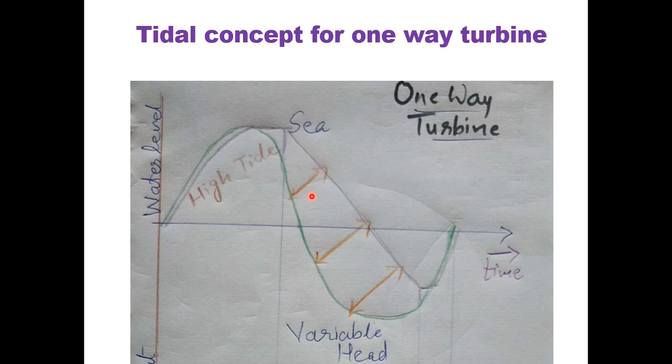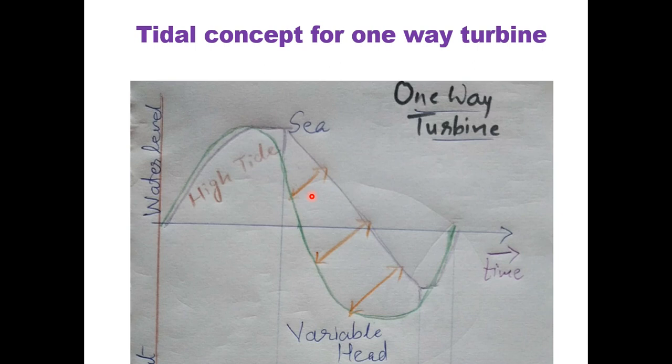At one time the head might be small, at another time it might be large, that could be a high head or a low head. So the power output depends upon the head difference. Here we are talking about the one-way turbine.